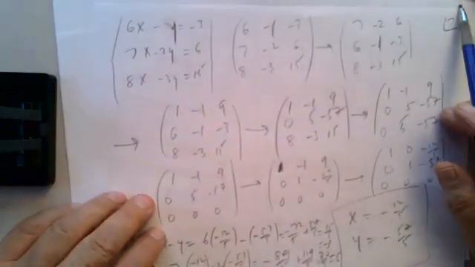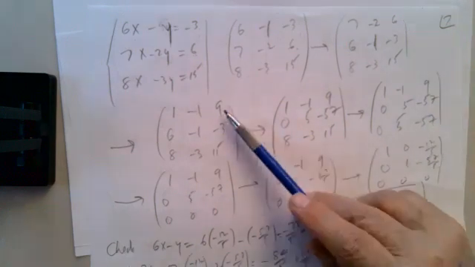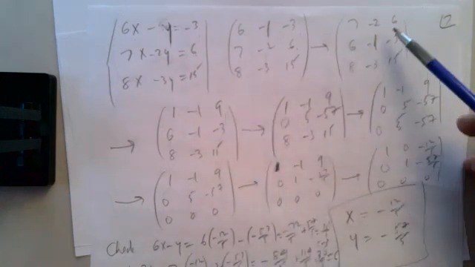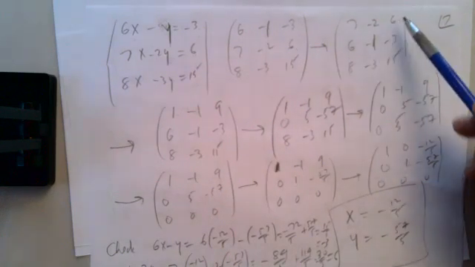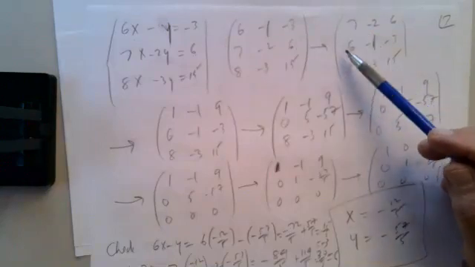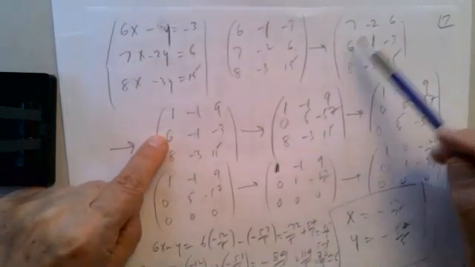Professor, how do we get the 1, minus 1, and 9? Yeah, I took the first equation and I added minus 1 times the second equation to it. Or in other words, I took the first equation minus the second. 7 minus 6 is 1.